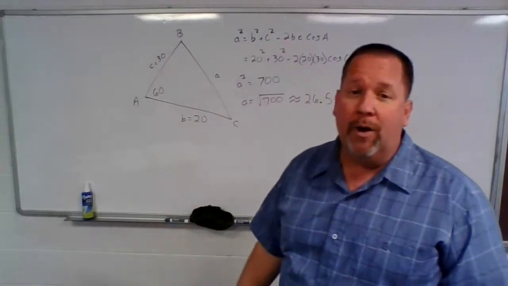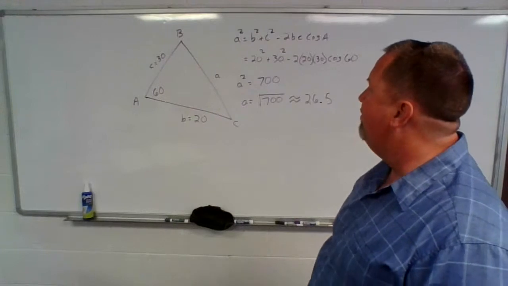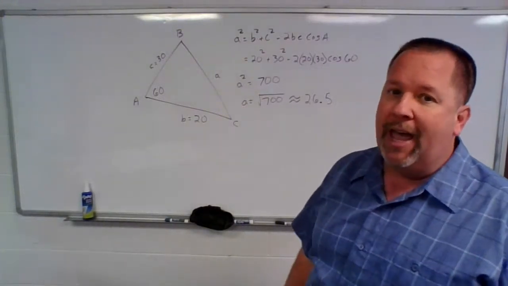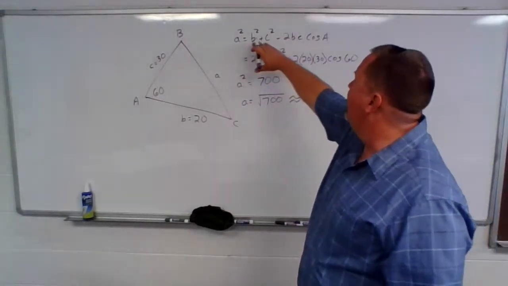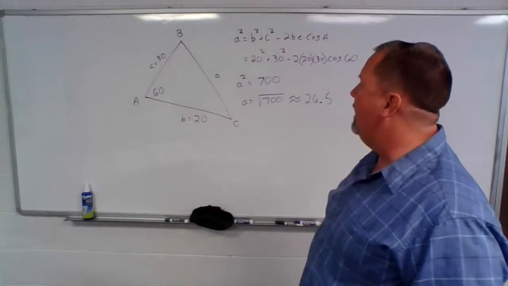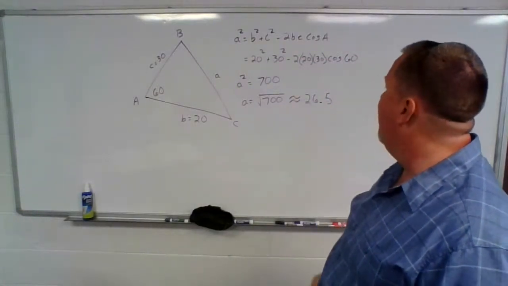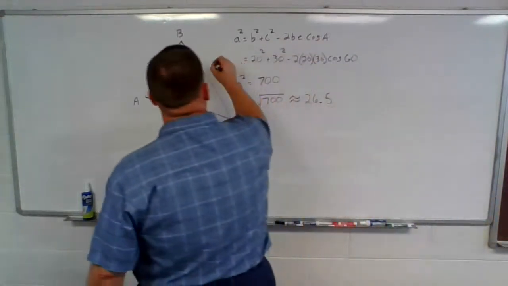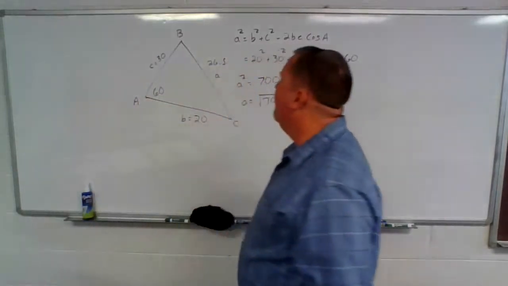And so I've now gotten the third or missing side of my triangle. If it were a right triangle, we could use the Pythagorean theorem. It's not a right triangle. We're actually using the Pythagorean theorem in its full version. And so I found out that the length of side A is about 26.5.